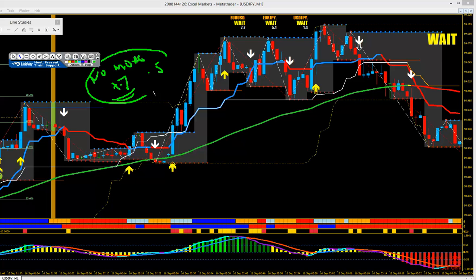So generally I find that as we enter into the Asian session, it'll settle down to about 0.6, 0.7, and then within an hour or so it can come down to about the 0.2 to 0.4 range, which is where I really like it to be. I think as scalpers we really don't want to get much more than 1.2 spread.